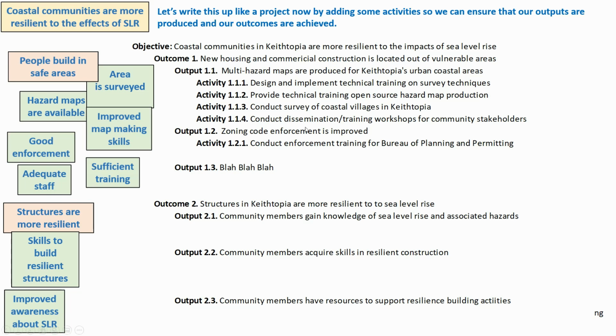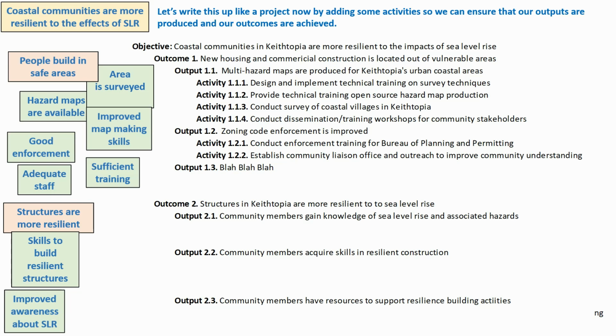carrot. I always like to combine enforcement with some sort of incentives or some sort of outreach, awareness raising among the community, so that we don't have to enforce, so that we improve relations with the community. So in activity 1.2.2, we establish a community liaison or outreach office, and outreach to improve community understanding for zoning enforcement and so forth.